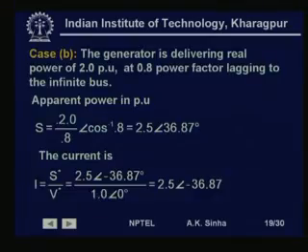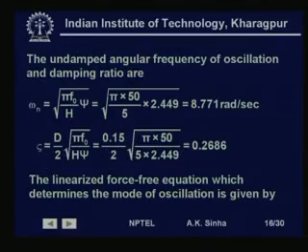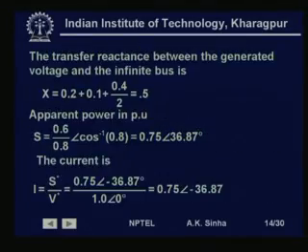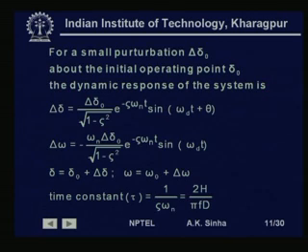Also, the other thing is we can say that the time constant is given by 1 by zeta omega n, and normally around 4 time constants you will find the system would have settled down to less than 1% the magnitude of oscillation.